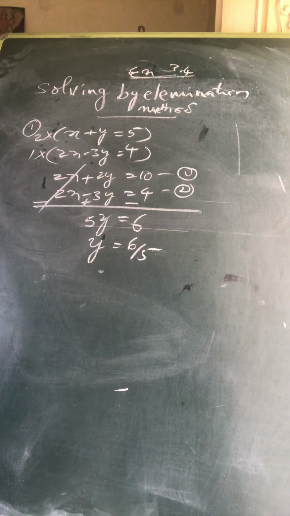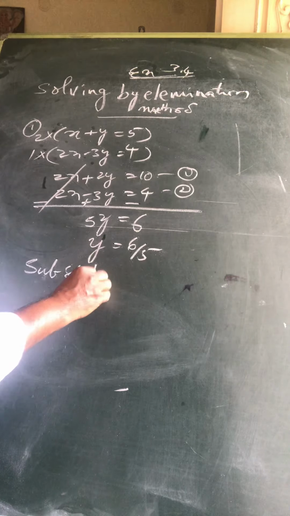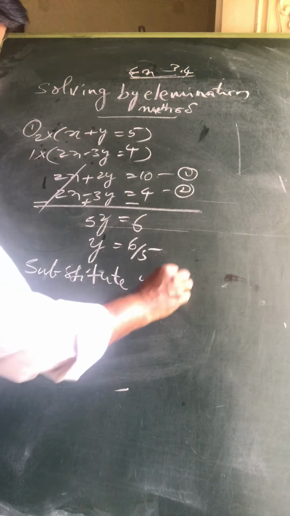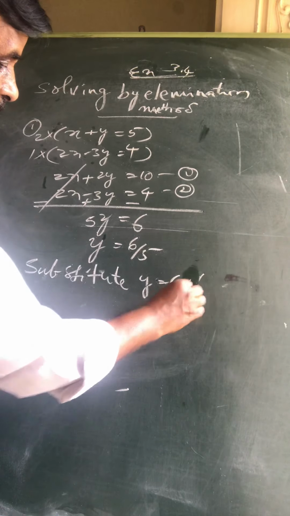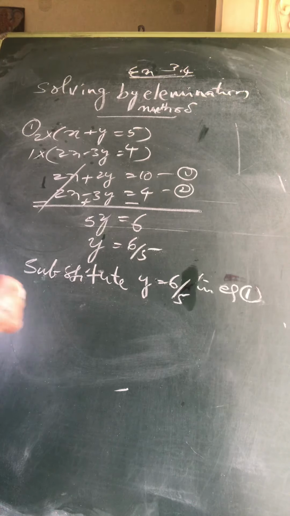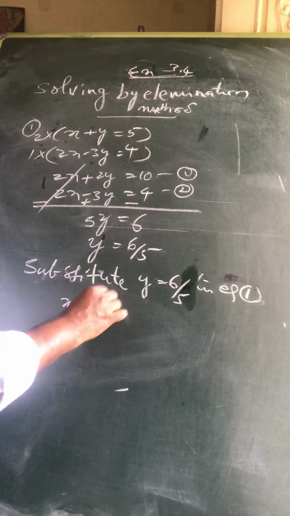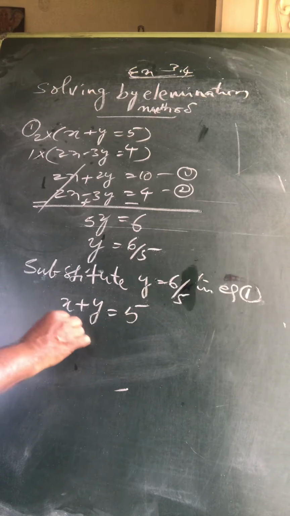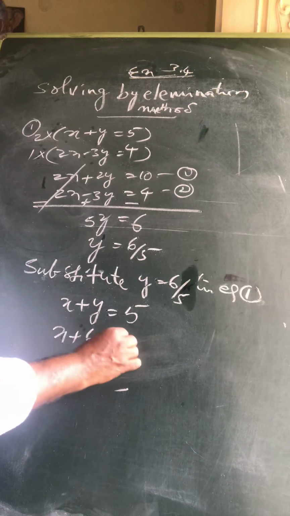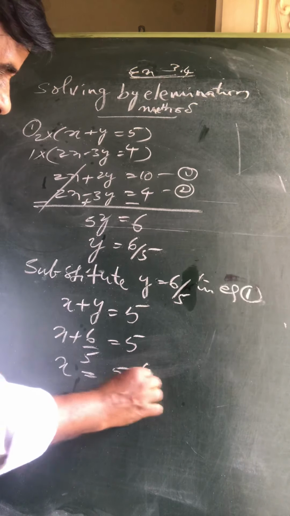We got the y value already. Now we have to find the value of x. How do you find x? Substitute y is equal to 6 by 5 in either equation 1 or 2. Okay, in equation 1 we can substitute: x plus y is equal to 5, so x plus 6 by 5 is equal to 5. x is equal to 5 minus 6 by 5.